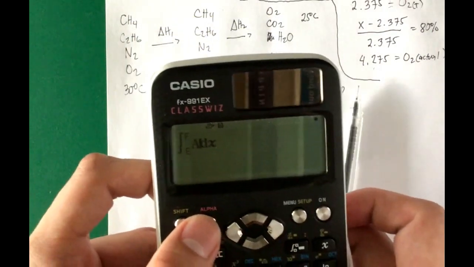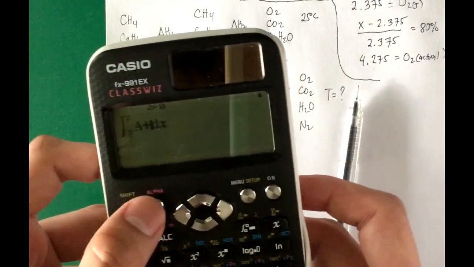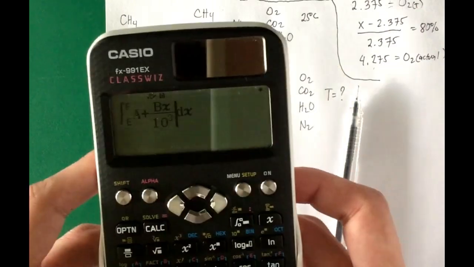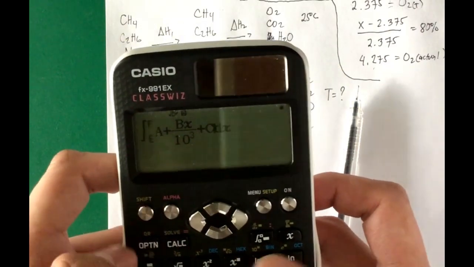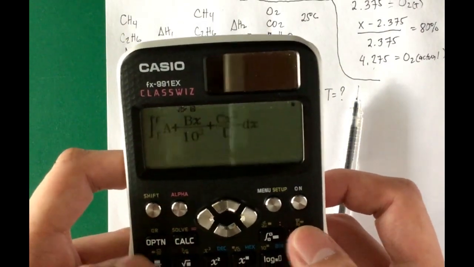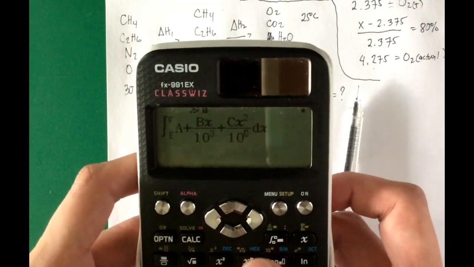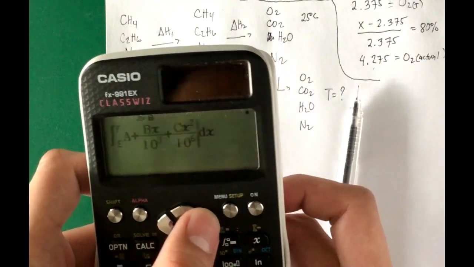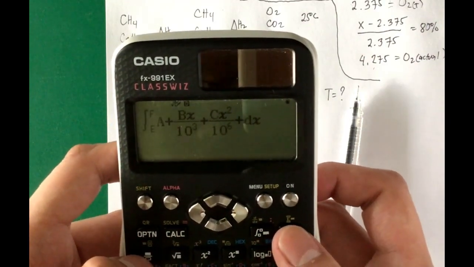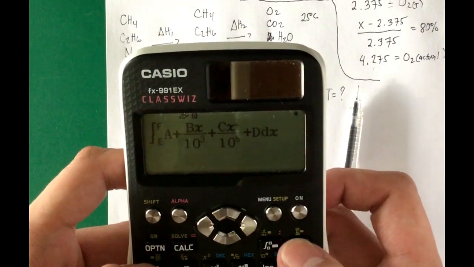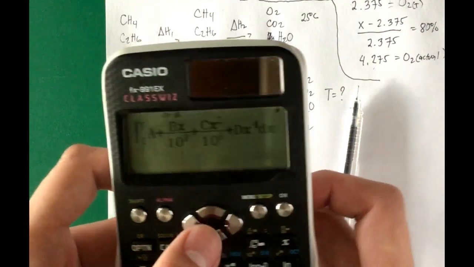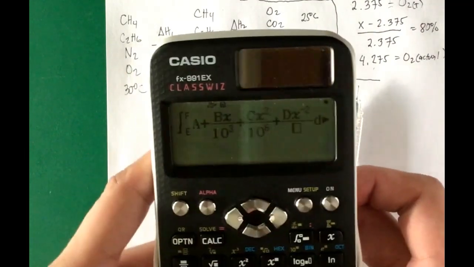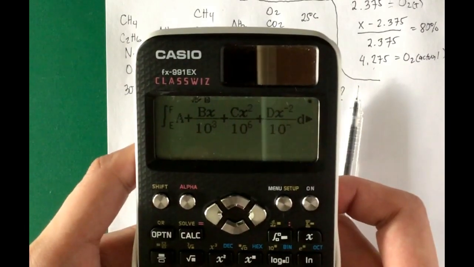Then our integration in our SVA is A plus Bx over 10 raised to 3 plus Cx squared divided by 10 raised to 6 plus Dx raised to negative 2 divided by 10 raised to negative 5.